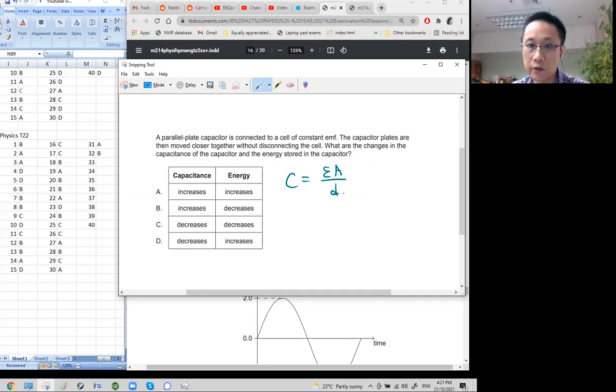If you decrease the distance, then clearly the capacitance increases. And then the energy stored, well, if you keep the cell connected, then the same voltage will be maintained. Energy equals 1/2 CV squared, I think it's in the formula book. So if you increase the capacitance without changing the voltage, then yeah, energy increases.